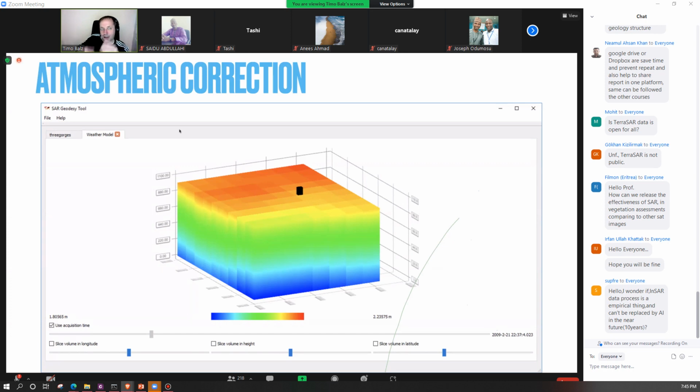If you have very dynamic and turbulent weather, like a rainstorm, it's very locally different. The water vapor content, the pressure and so on change very dynamically, then this coarse resolution data will not catch that.